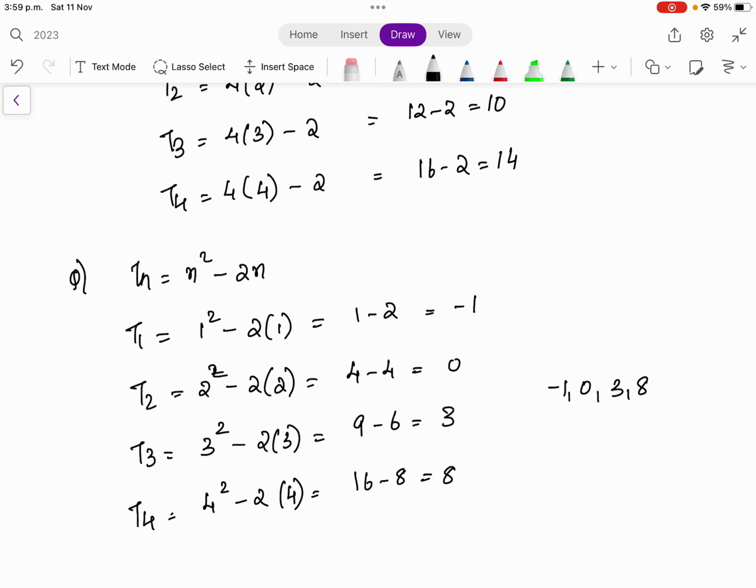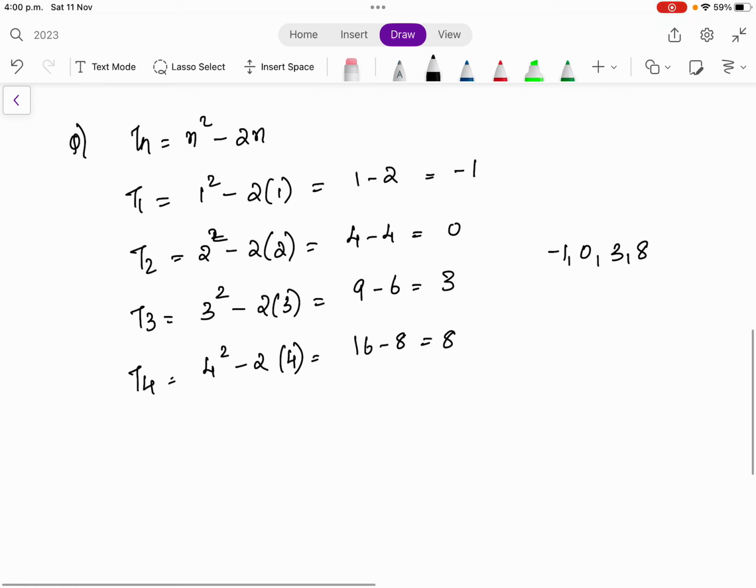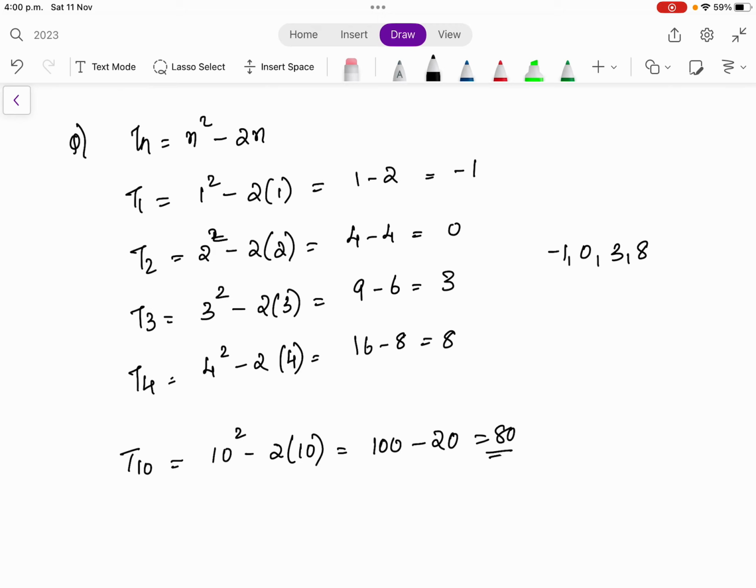Given the nth term, it is very easy to find the specific terms T1, T2, T3, etc. And in the same question, if you want to find T10, that is also possible: 10 square minus 2 times 10, which is 100 minus 20, which is equal to 80. You can find any term of the sequence.